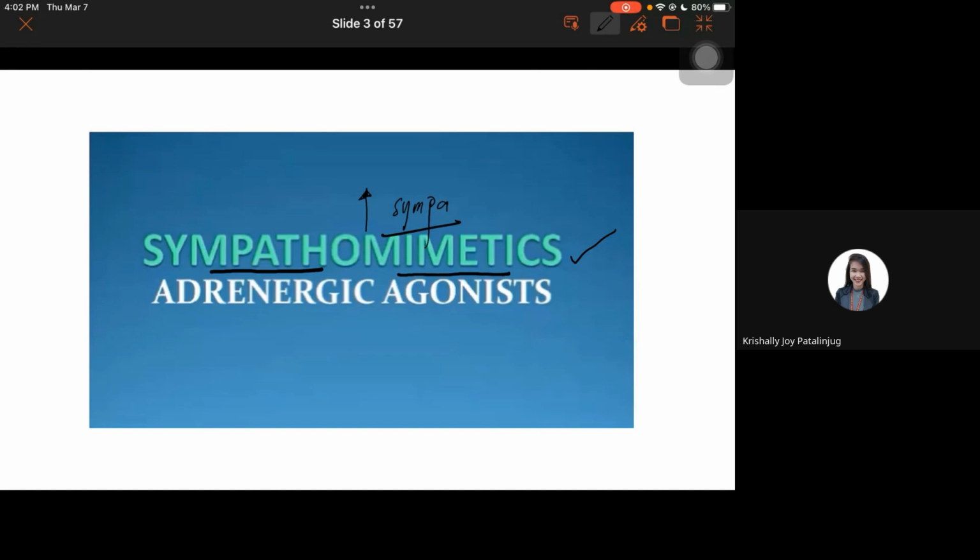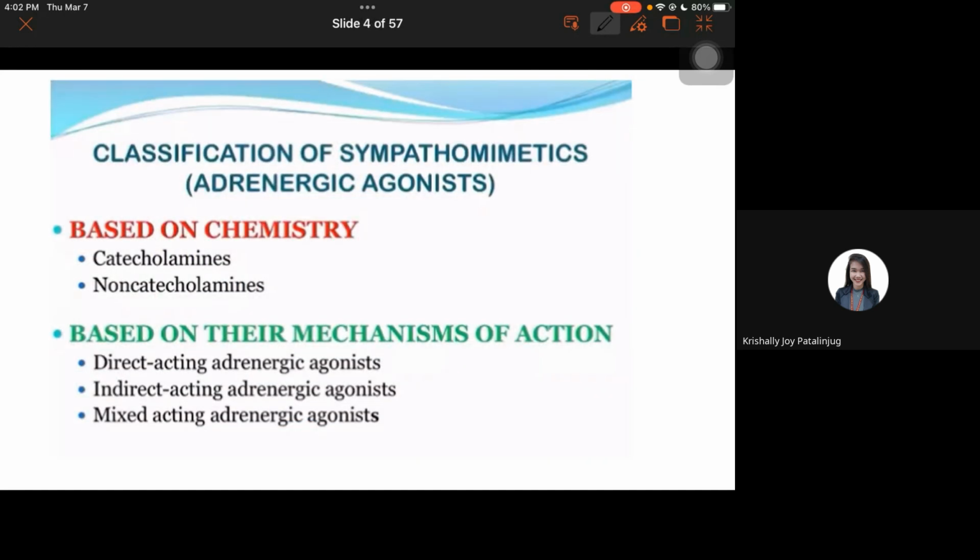Okay? Now, when we say sympathomimetics, we can classify them in two ways. We have two ways to classify them. They can be classified based on structure, that is, based on chemistry, or based on MOA, their mechanism of action. Again, under adrenergic agonists, we can classify them based on structure and based on MOA.